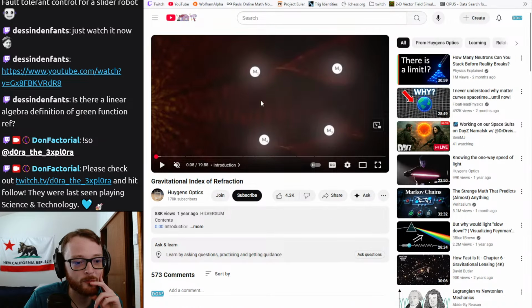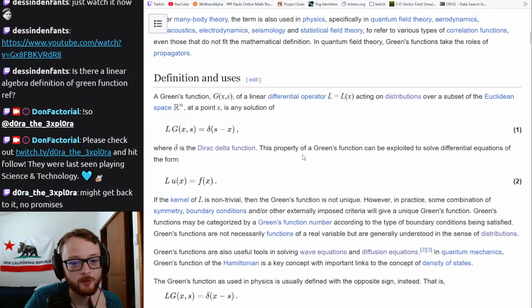This is one that Fizzbuzz linked to me last night. It's a physics one. Is there a linear algebra definition of Green's function reference or something?